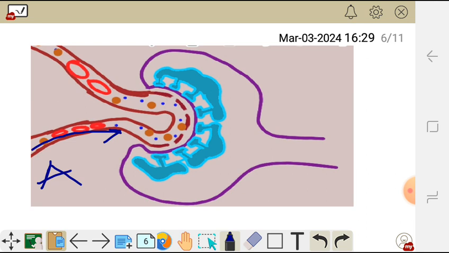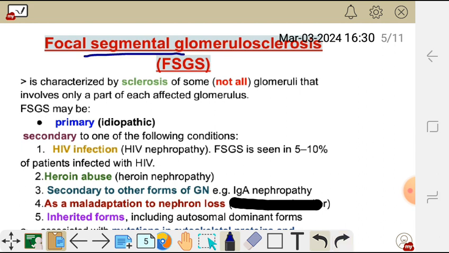They have what we call fenestrations, which filter the wastes into urine, and the filtered molecules pass into the kidney tubules, to the collecting duct, and finally into the bladder. So in focal segmental glomerulosclerosis, we only have a segment which is affected. That's why it is called segmental.